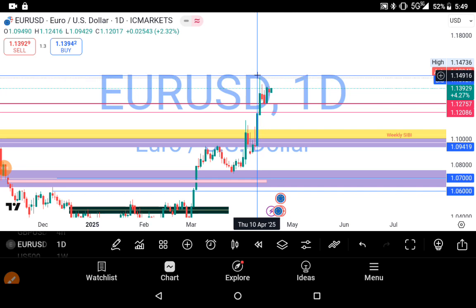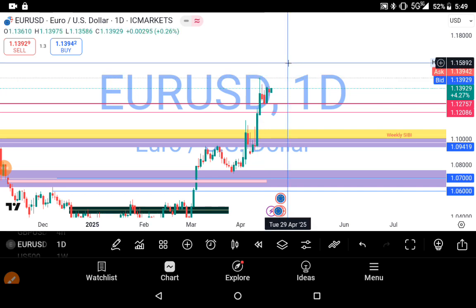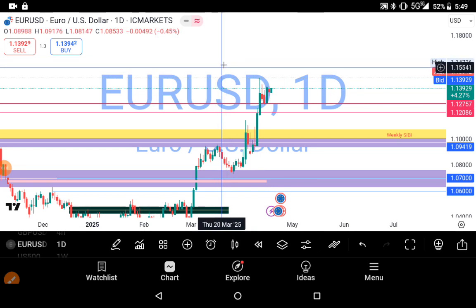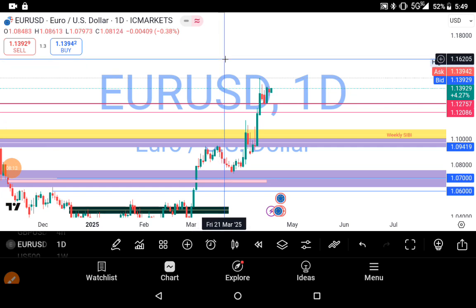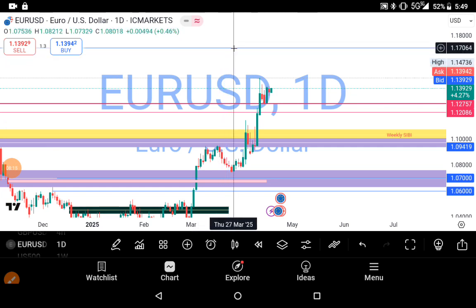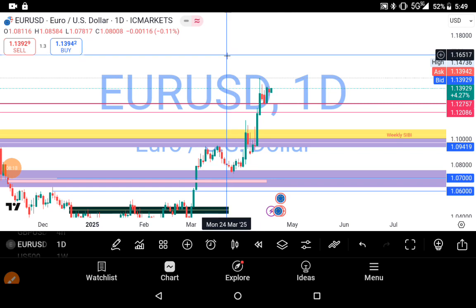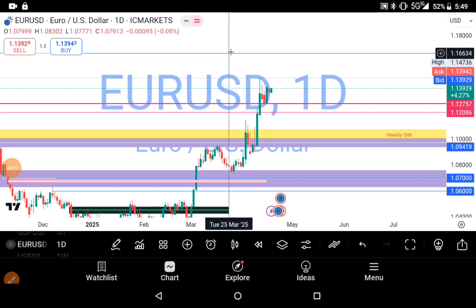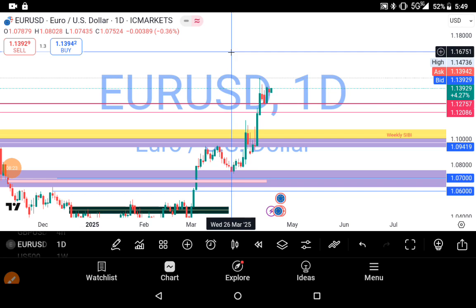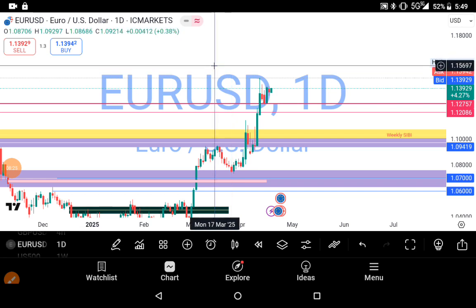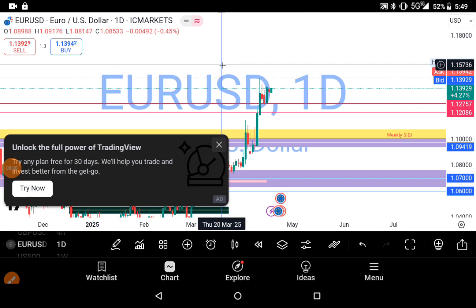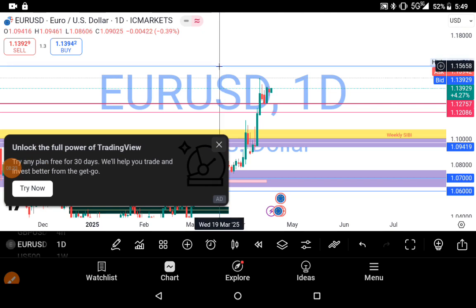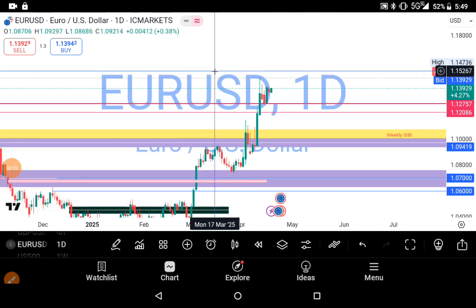That will take us into 1.15 thousand, as long as 1.12757 remains a support to the price. If it remains a support to the price, that is what I'll be watching.